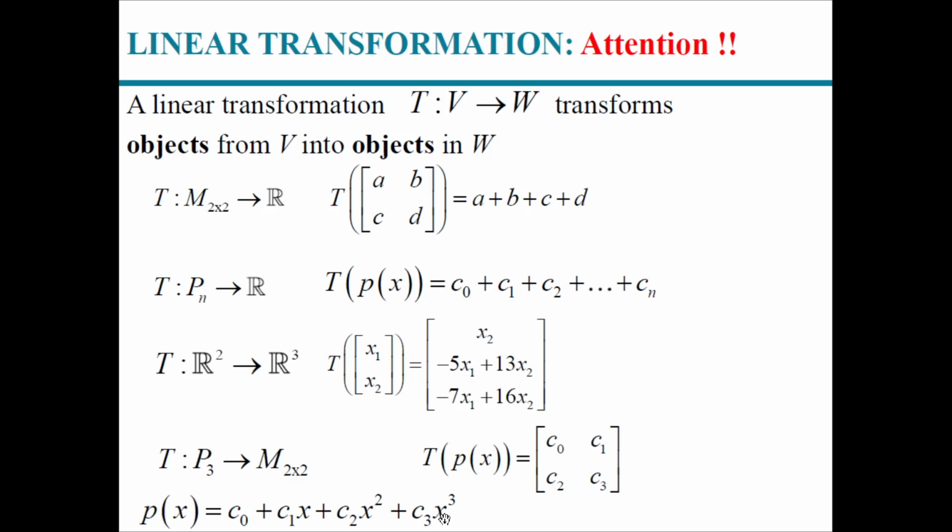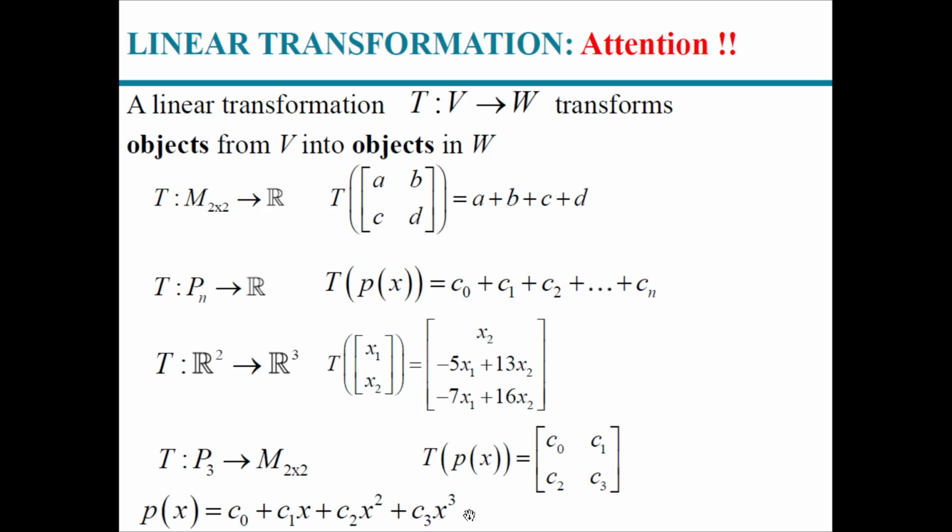This is a general polynomial of degree 3. And we transform them by a linear transformation into a 2 by 2 matrix. So we are taking an object which is a polynomial of degree 3 and transforming it into another object which is a 2 by 2 matrix in this case. We simply assign the entries of the matrix in this order, which are correlated with the coefficients of the polynomial.